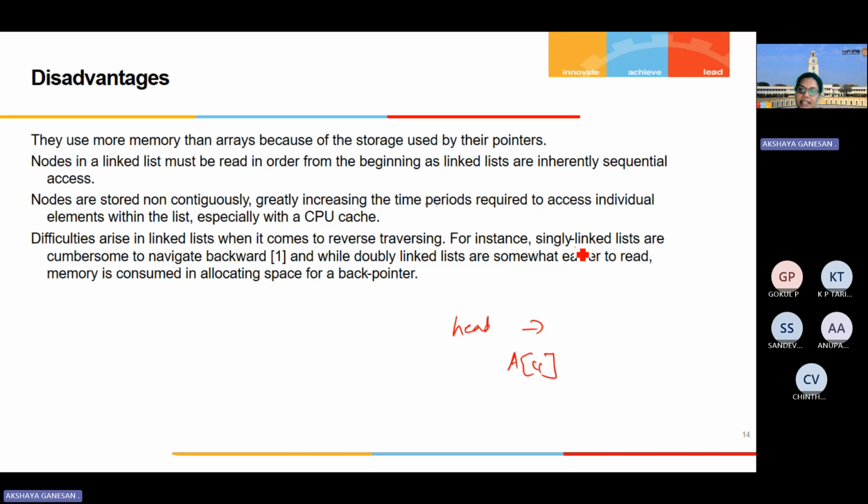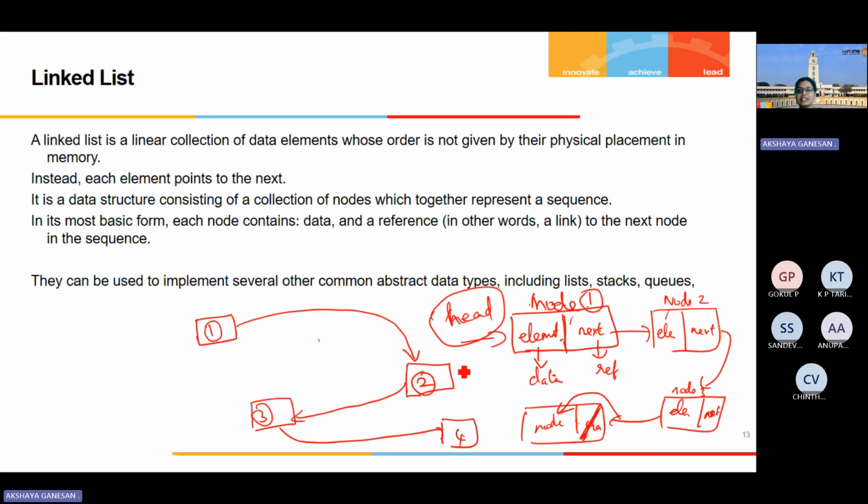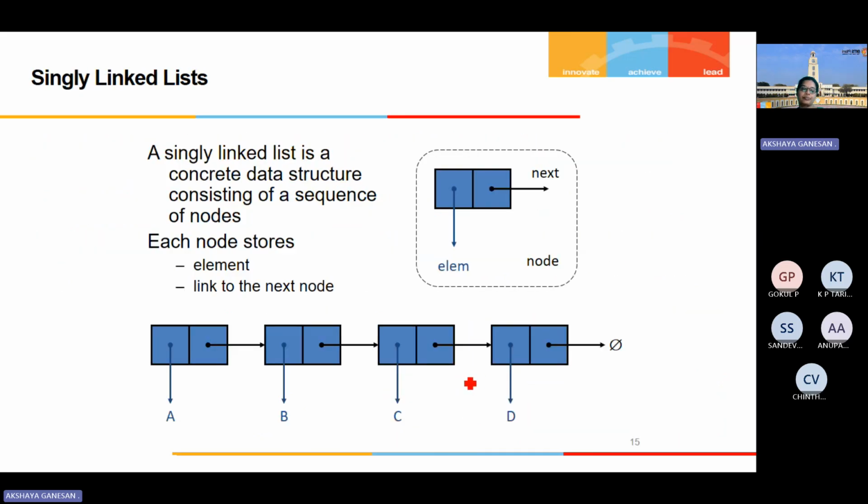If your application requires reverse traversing, then you have to go for a doubly linked list, which I will explain. But the advantage is that it's better than arrays, as you can use memory as and when it is required. Because of this, linked lists are used widely.